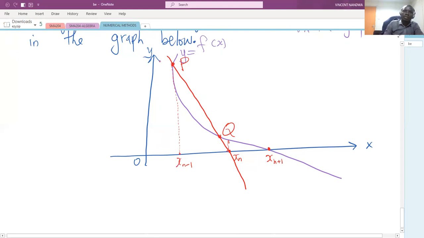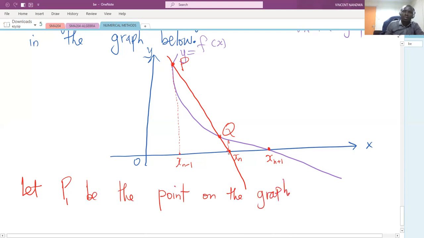So let's also consider another point. Let P1 be the point on the graph whose value of x is xn.